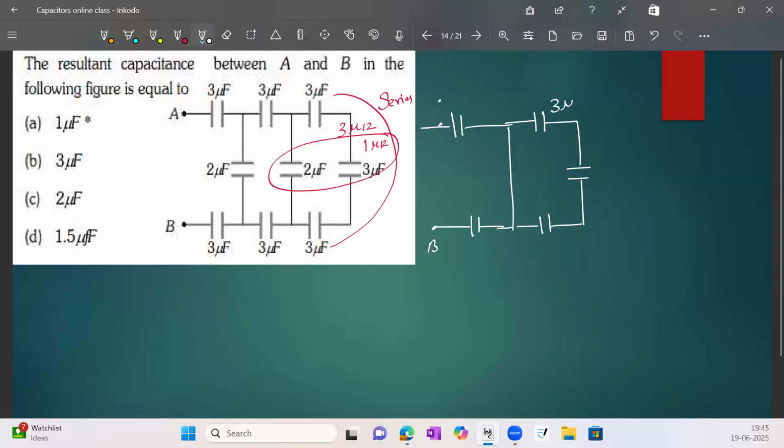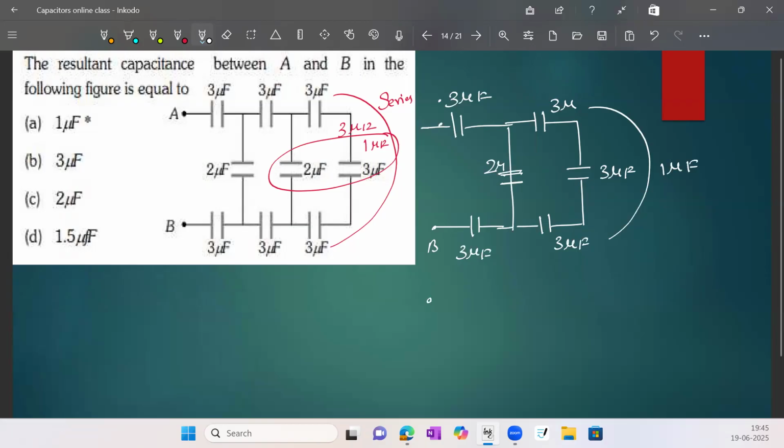This is 3. This is 3 microfarad. This is given as 2 microfarad. Sorry. Okay. This is 3 microfarad. Now again, these three connected in series, it becomes 1 microfarad. This is given as 3 microfarad, and this is also given as 3 microfarad.